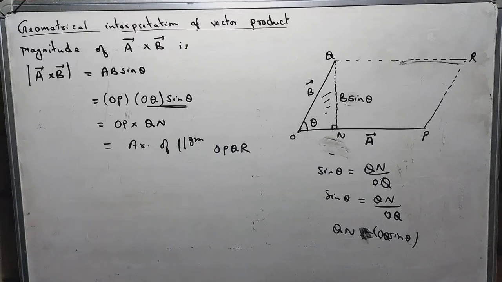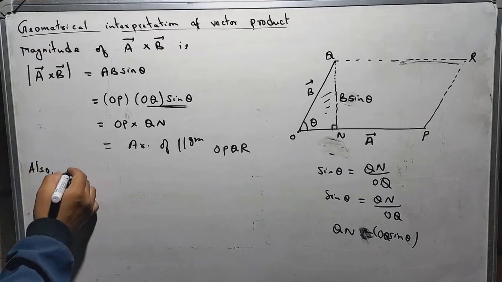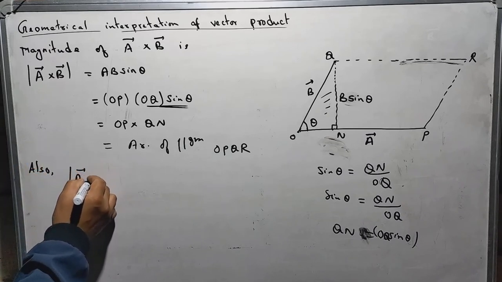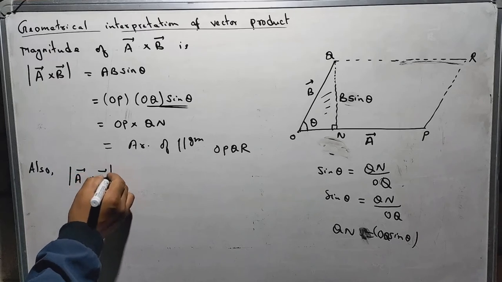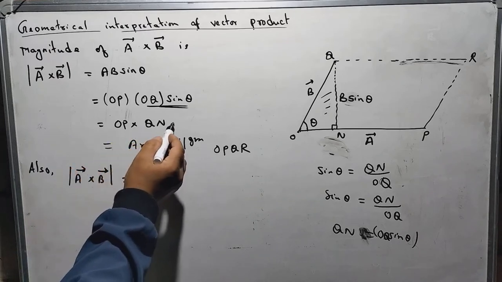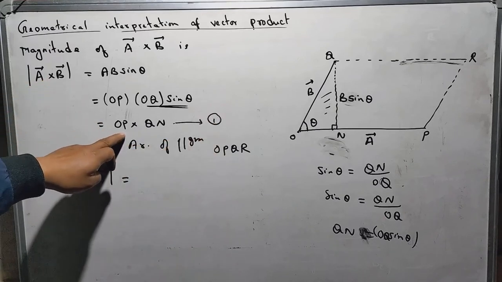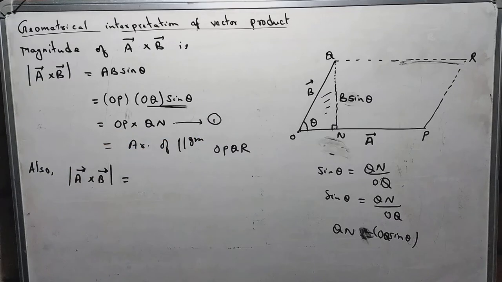Next, we can also see that the magnitude of the vector product of the two vectors is equal to, if this is my equation 1, then equation 1 says the magnitude is equal to OP times QN.